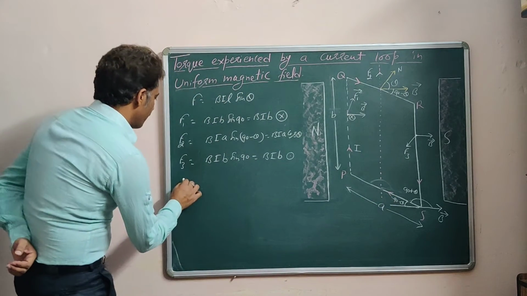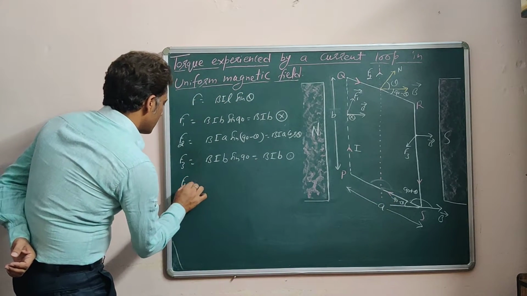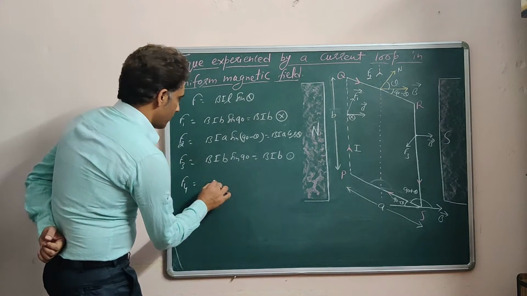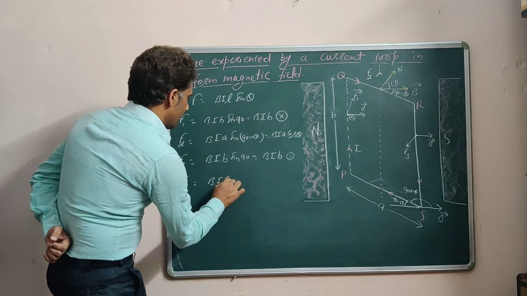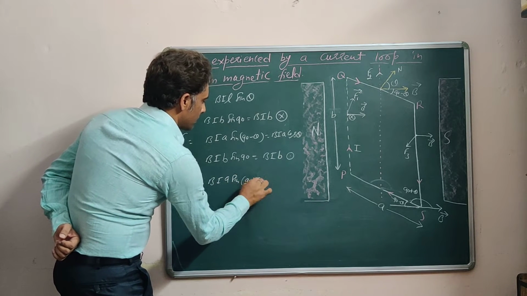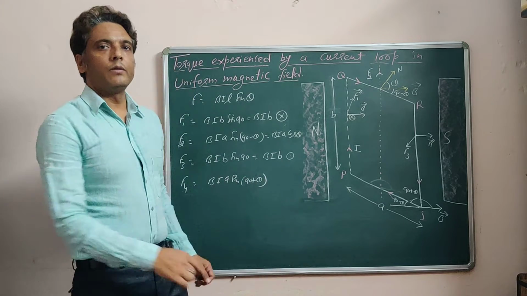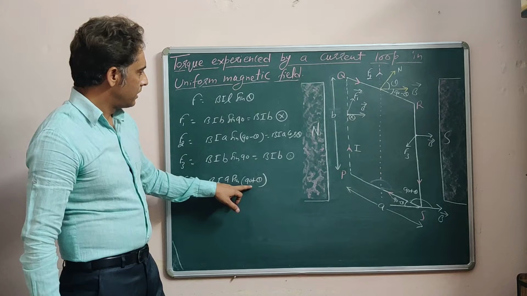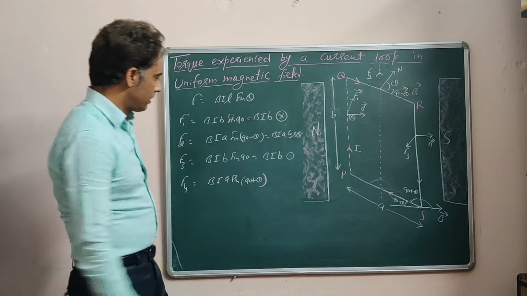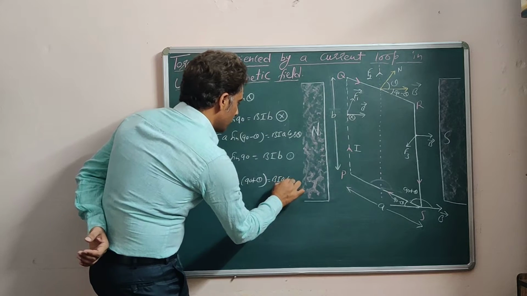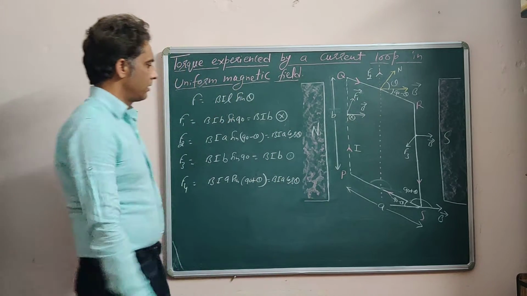Then we can write F4 is equal to VIA sine of (90 plus theta). And we know that sine of (90 plus theta) is equal to cos theta. So this is equal to VIA cos theta.